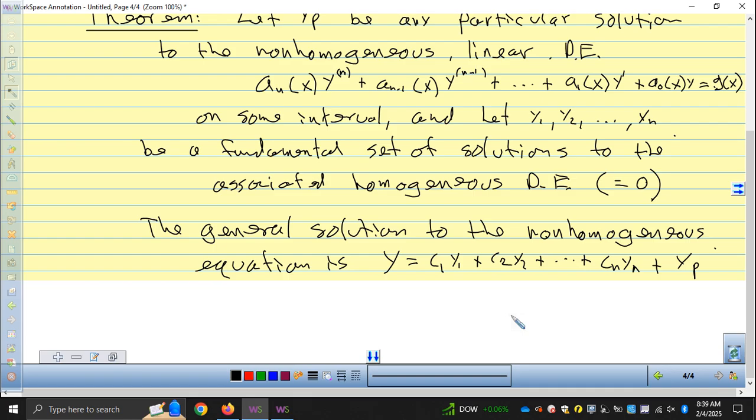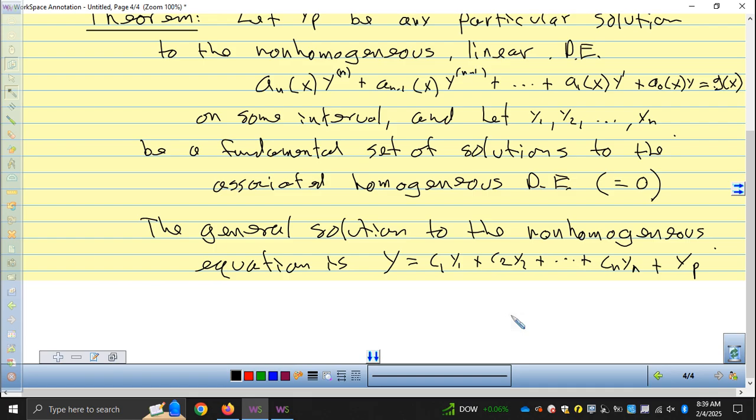Why is that? Well, if we take all these derivatives, the nth derivative, the n minus 1 derivative, this is the solution to the homogeneous equation. So if we take all these derivatives and add them together, this becomes 0 because it's the solution to the homogeneous equation. It satisfies this differential equation equals 0.